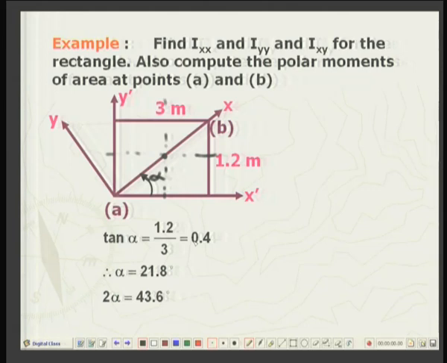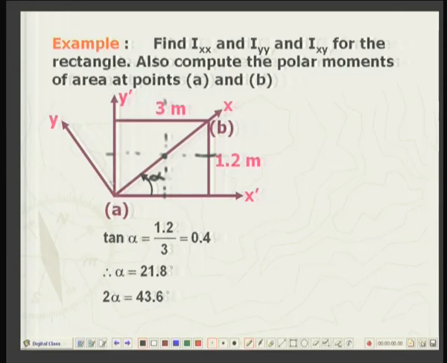So, the procedure is once again like this. First of all, this rectangle is given. Okay. So, forget about x y coordinates for the time being. I am considering only x dash y dash coordinates.